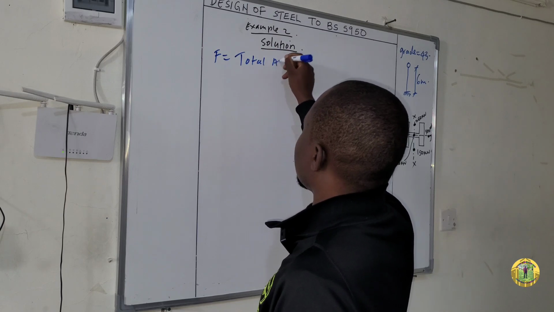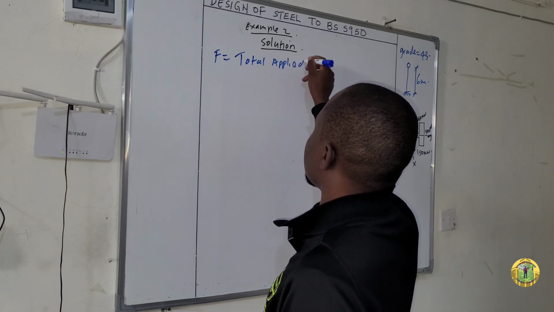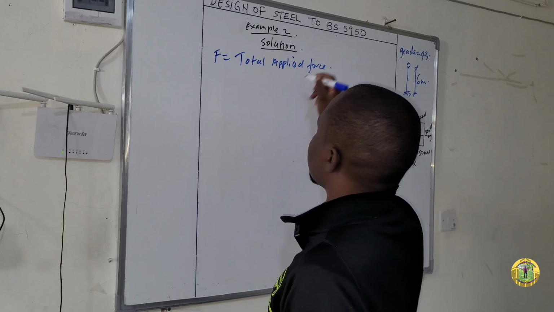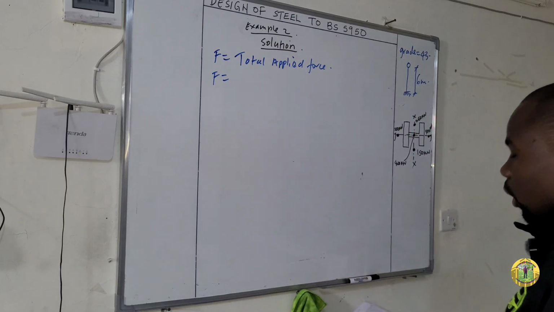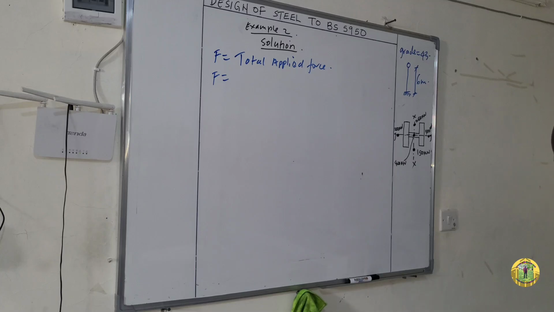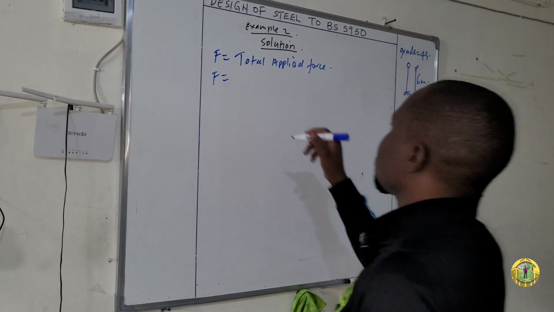And F is equal to 200 plus 400 plus 250 plus 150.